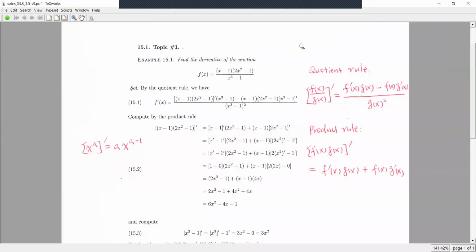Now, examples. Example 1, find the derivative of this function. This function is a quotient. So by the quotient formula, the derivative of the function is the derivative of the numerator times the denominator minus the numerator times the derivative of the denominator, then all divided by the square of the denominator.